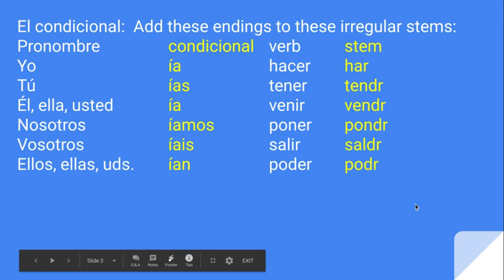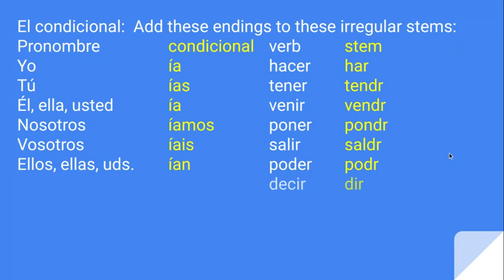Okay, and they have these stems. Okay, so take notes on these. This will be very helpful for you. Hacer's har, tener's tendr, venir's vendr, poner's pondr, salir's saldr, poder's podr, decir's dir. Remember, pause is your friend. Anytime it's going too fast, you can pause. So tendría is I would have.